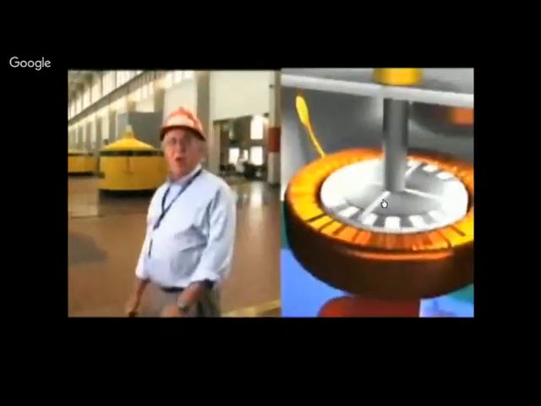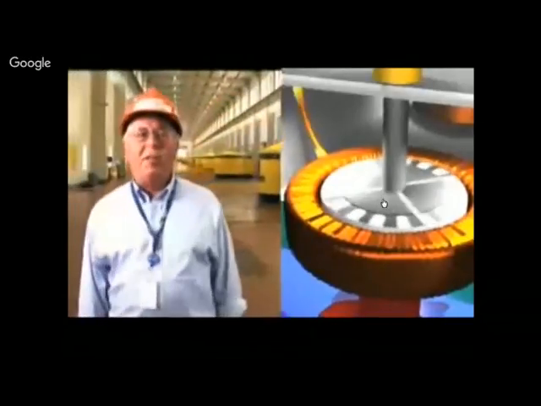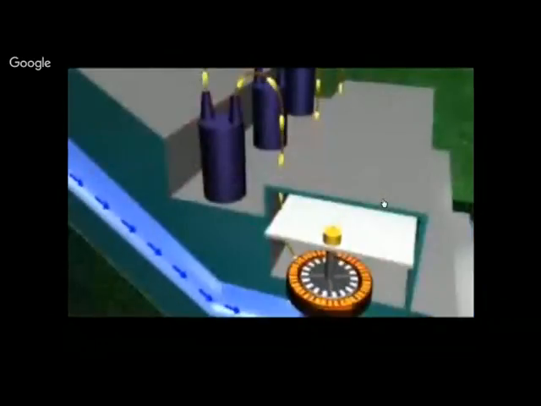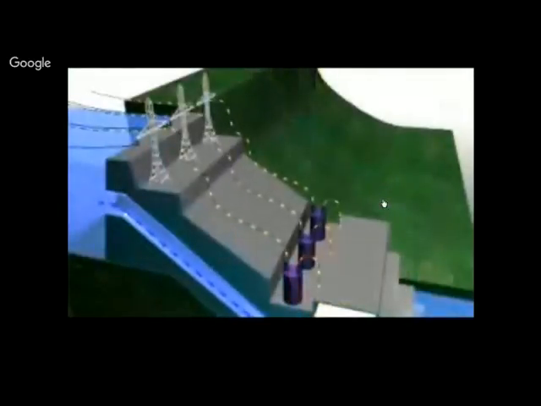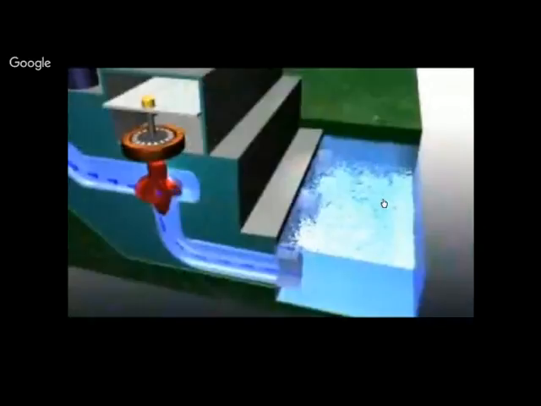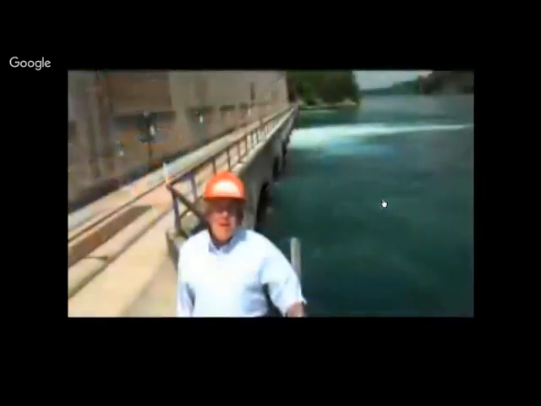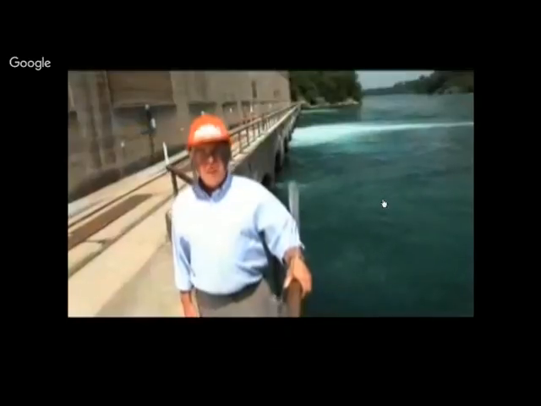As the generator rotor spins the magnets, a flow of electrons is created in the coils of the stator. This produces electricity that can be stepped up in voltage through the station transformers and sent across transmission lines. The falling water, having served its purpose, exits the generating station to the tailways, where it rejoins the main stream of the river to continue the cycle of creating clean, renewable energy for Ontario.